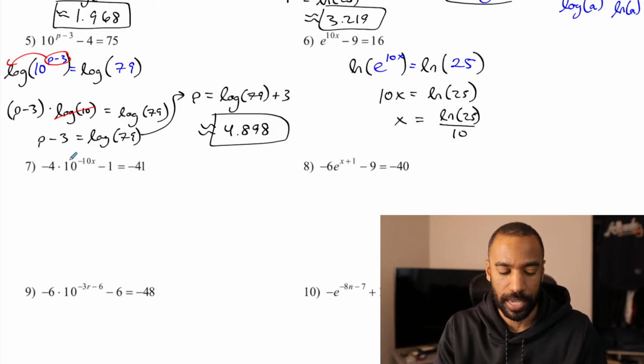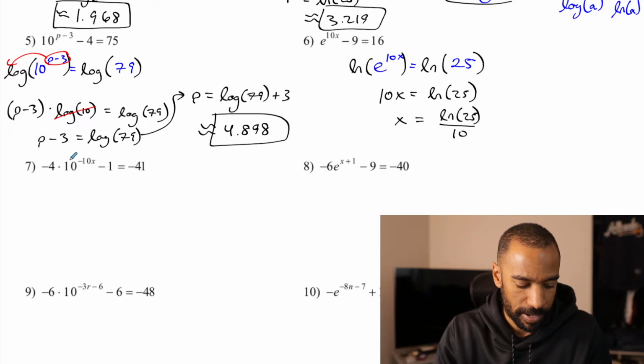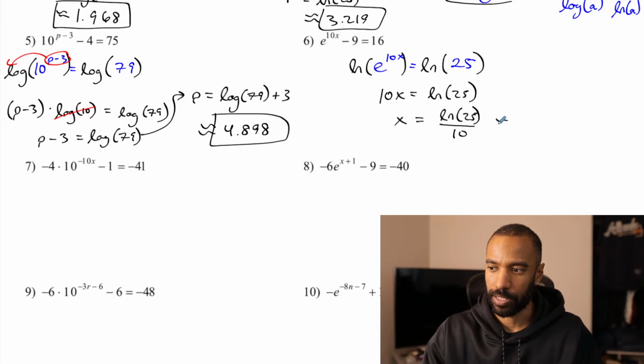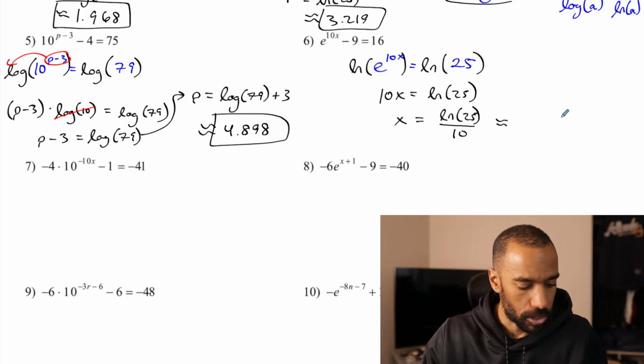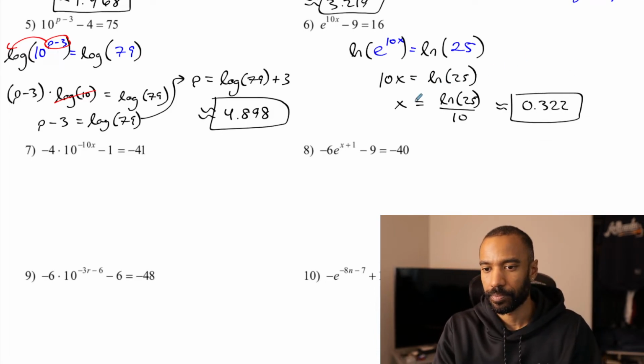So now we use the calculator, and that's natural log of 25. And again, the divided by 10 is not inside the natural log portion. It's outside of it. So that's approximately 0.322. It rounds up. Try it for yourself.